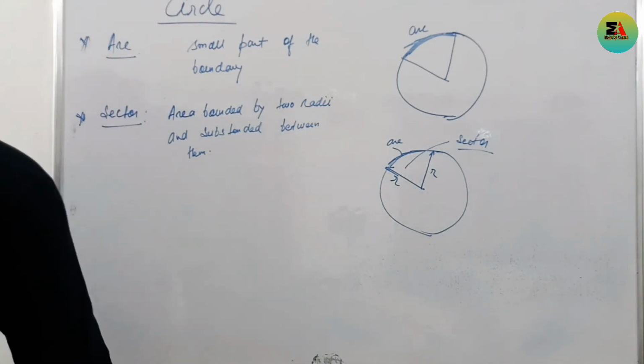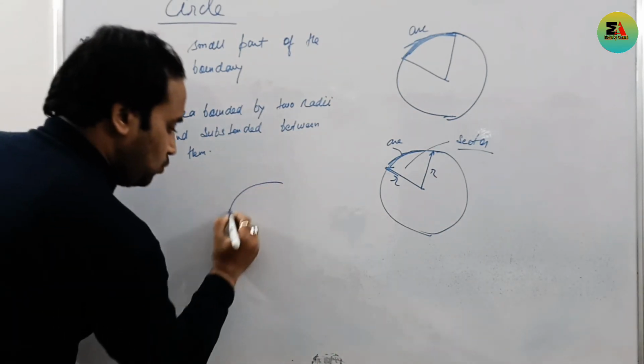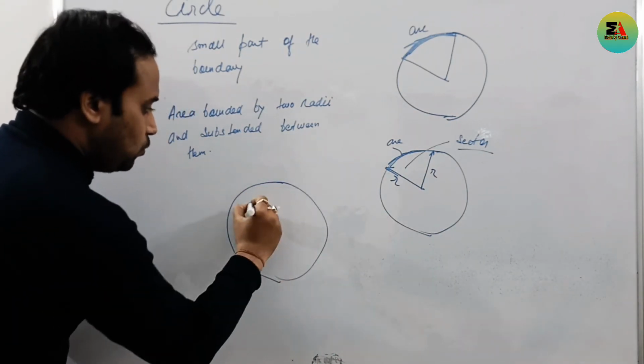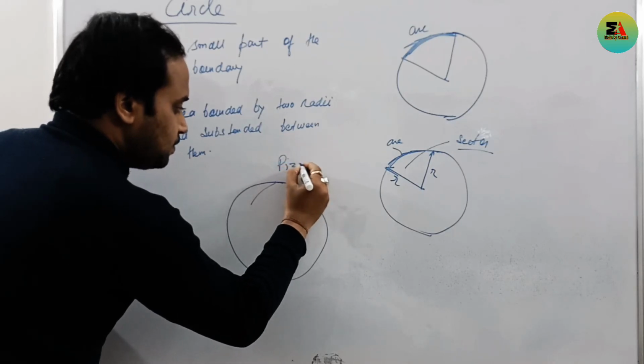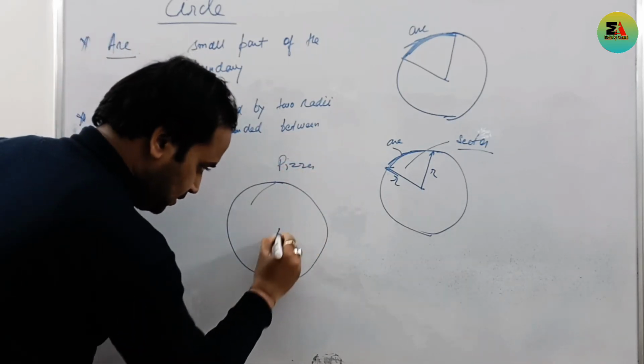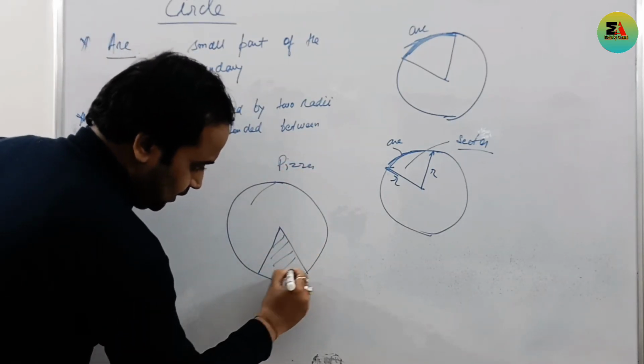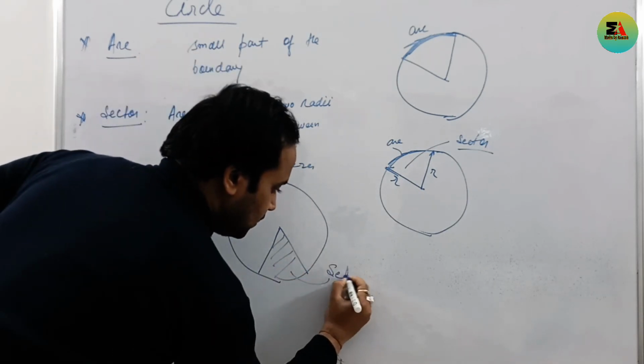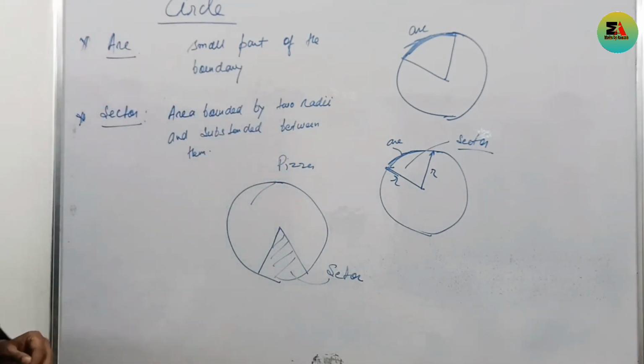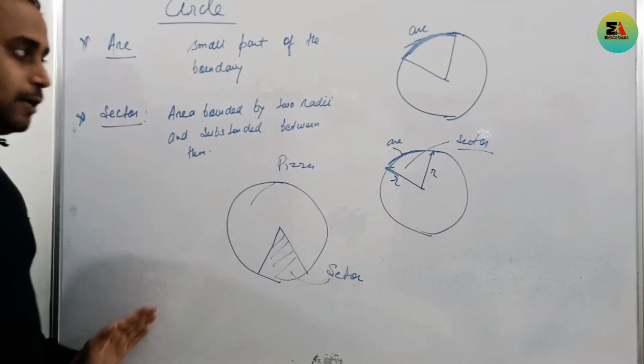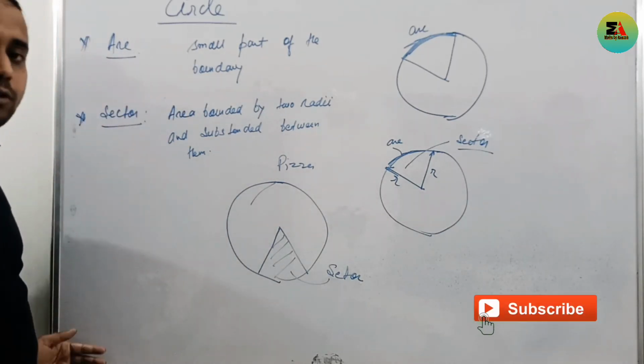One of the best examples of a sector is a pizza slice. Suppose this is a whole pizza, and one slice is known as a sector. Clear? I hope this one is clear to you and all the terms related to the circle.